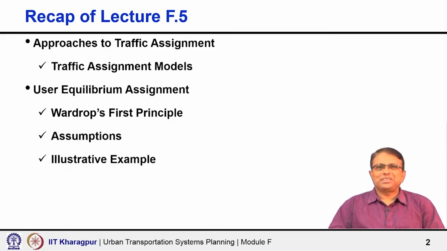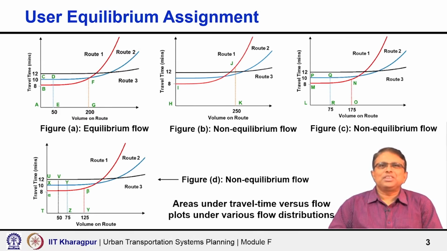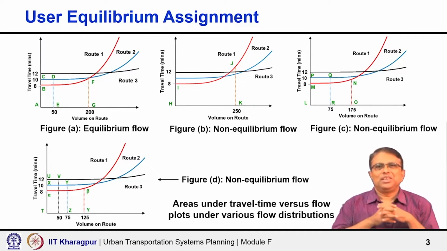Then one more interesting thing we said: if you consider different possible distributions of demand in all the 3 routes, you will realize that the area under these curves is travel time into the demand that is really coming; if there is 0 flow, then under that curve it will be 0.